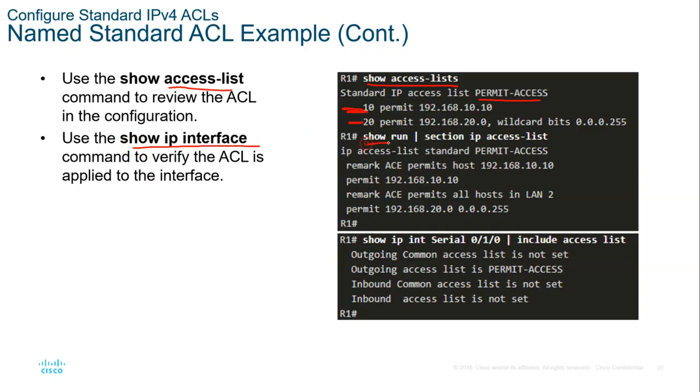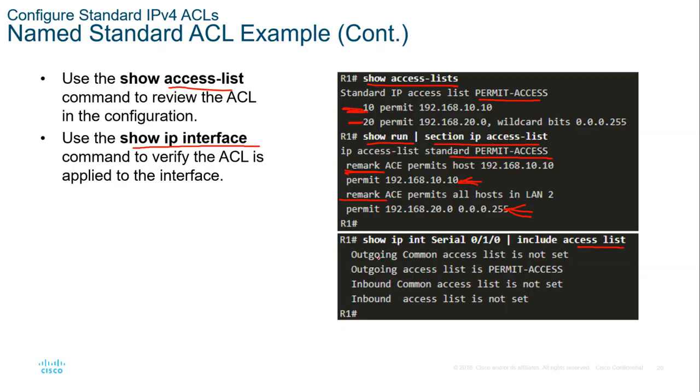Show IP interface, filtered section IP this. So we have the name of the named access list. We have the comments, where we say remark, and then these are entries. Then we have show IP interface, still filtered, include access list.